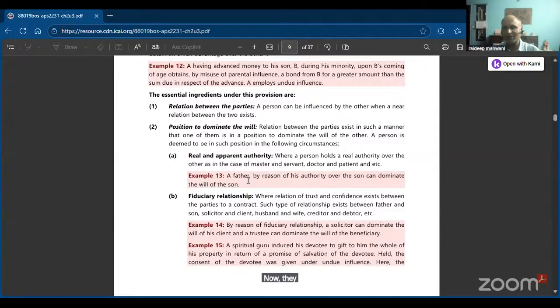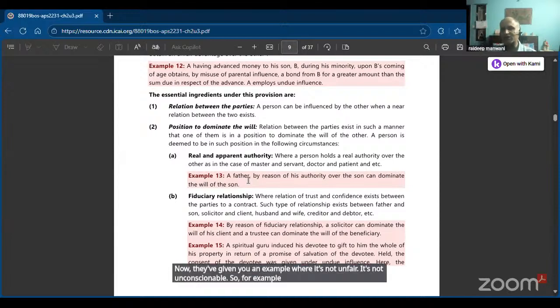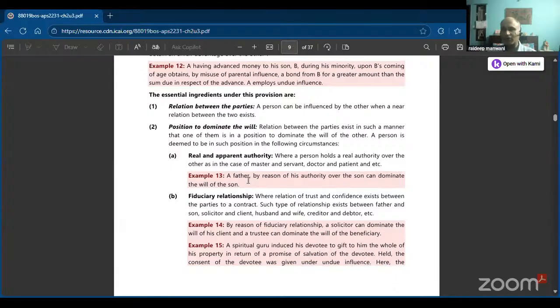Now they've given you an example where it's not unfair. It's not unconscionable. So, for example, Corona time, correct? All people are borrowing money, and you need money, and there's too much demand for money in the market, and you go to a bank, and usually he charges you 12% interest per annum for a loan.